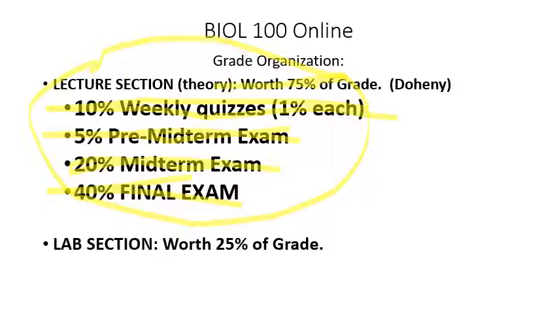The lab section of the course is worth only 25% of your grade, but Columbia College, like all colleges and universities, has a rule that you have to pass both the lecture section of the course and the lab section of the course in order to pass the course. That means that out of the 25% that the lab is worth, the lab is not very hard, it's just sort of tedious and you have to do the work, but it's not terribly challenging work.